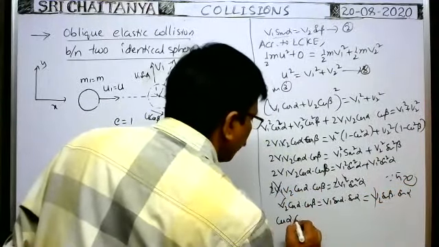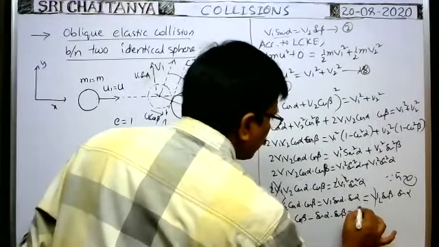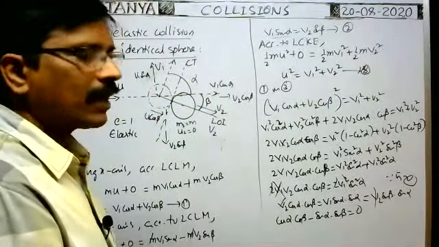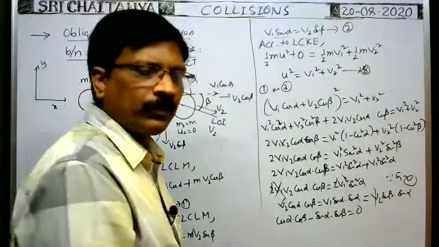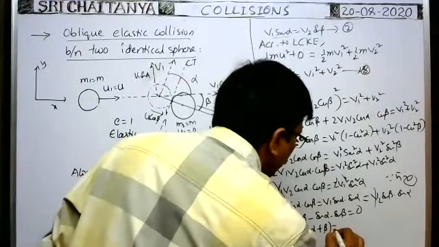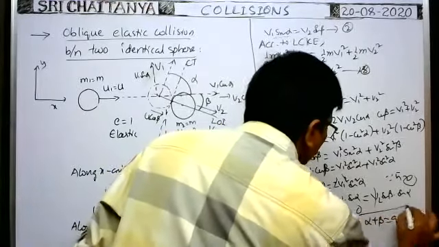Then cos alpha cos beta minus sin alpha sin beta is equal to 0. That means cos of (alpha plus beta) is equal to 0, which implies alpha plus beta is equal to 90 degrees.